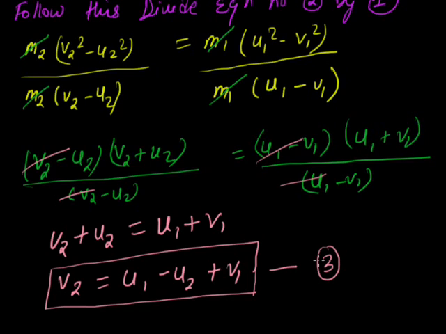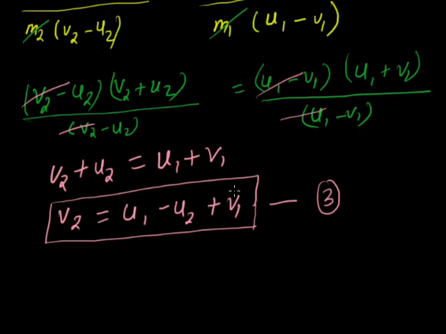Now we substitute the value of v2 for finding the velocity after the collision. Our aim is to find how much velocity both bodies will move with after the collision. So our purpose is to find the velocities of the two bodies after the collision. Here we get a relation in terms of v2.